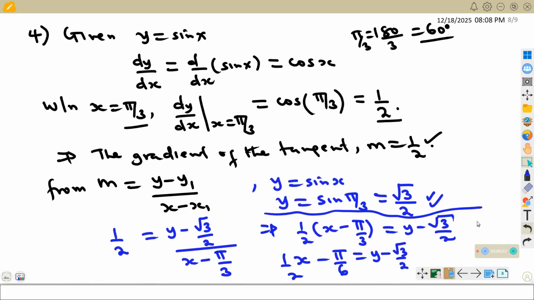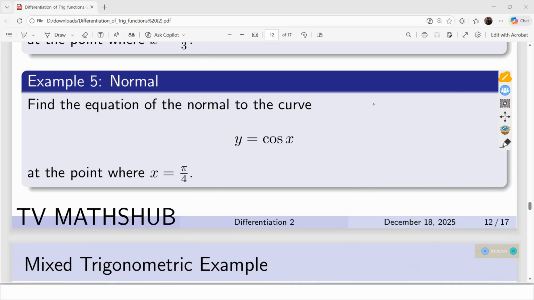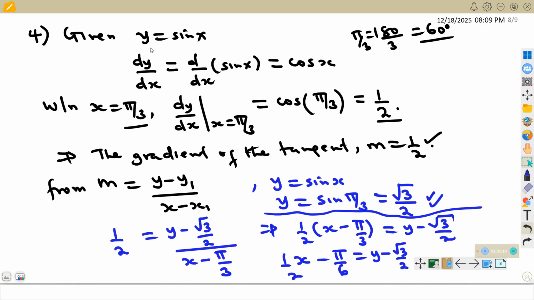Okay, so let us look at the next question. The next question is about the normal, which I think you'll be able to try out. The only difference is when you look at the tangent, we simply obtain the gradient by substituting directly the value of x in dy/dx. When you are looking at the normal, you must get the gradient of the normal, which is the same as -1 upon the gradient of the tangent.